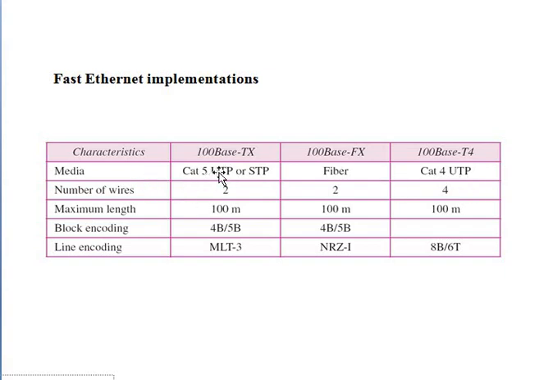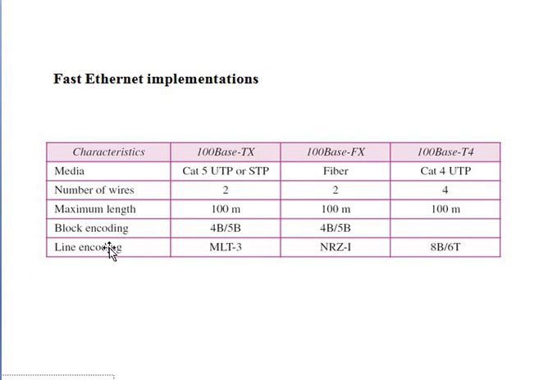The number of wires for 100BaseTX is 2, for 100BaseFX 2, and for 100BaseT4 4. The maximum length for 100BaseTX, 100BaseFX and 100BaseT4 is 100 meters. The maximum length of the cable is the same for all 3 implementations.